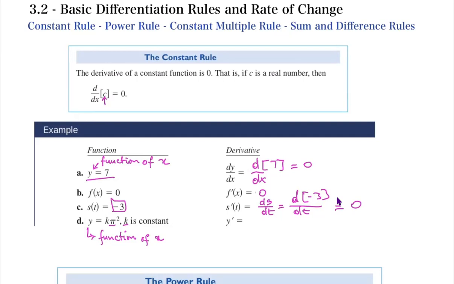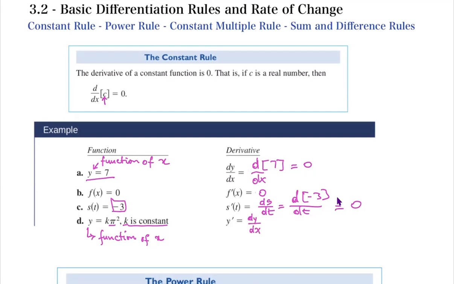And they tell me that k is also a constant. Now, if y is a function of x, then with respect to x, k pi squared is constant.